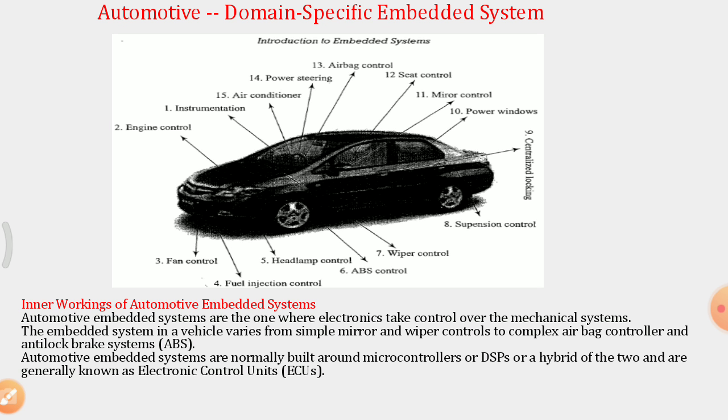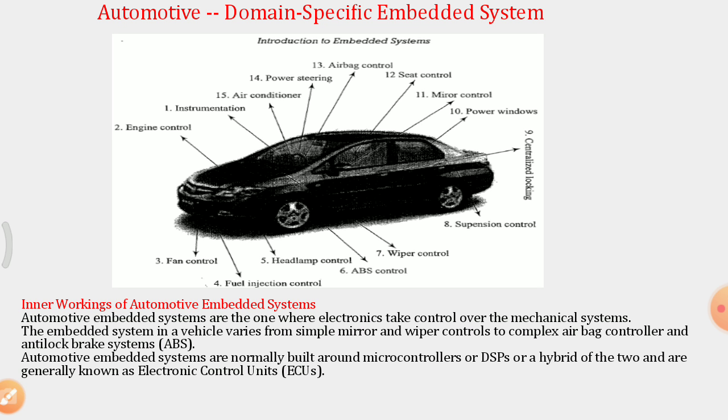These automotive embedded systems are normally built around microcontrollers or DSPs, or a hybrid of both controllers and DSPs, and in the automotive domain they are generally known as electronic control units.